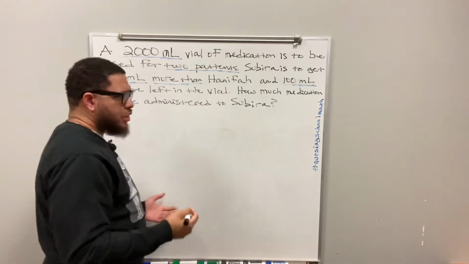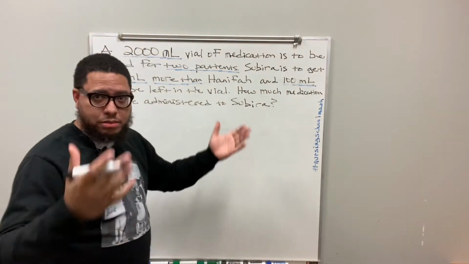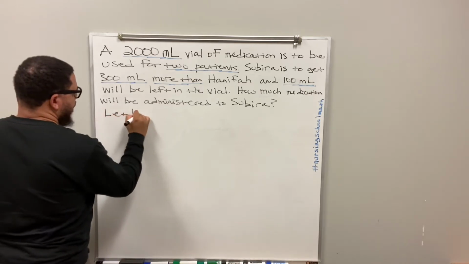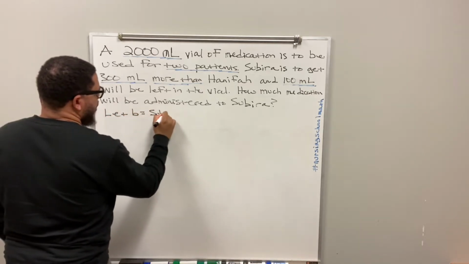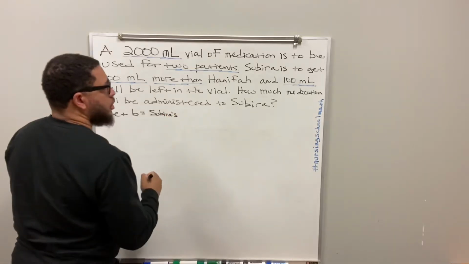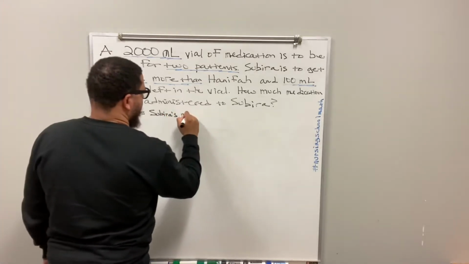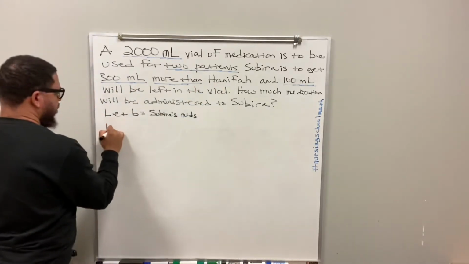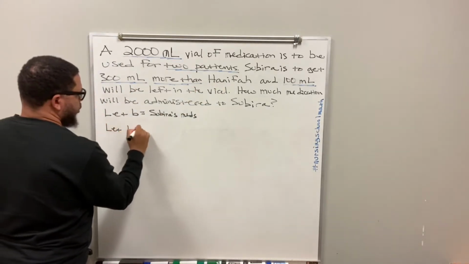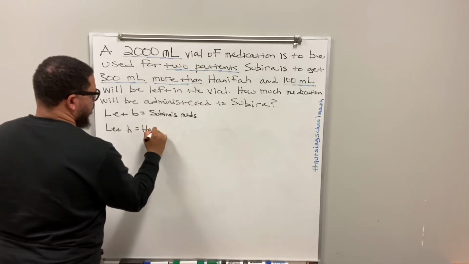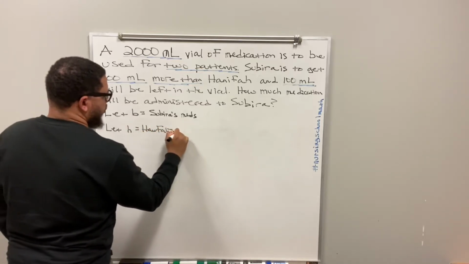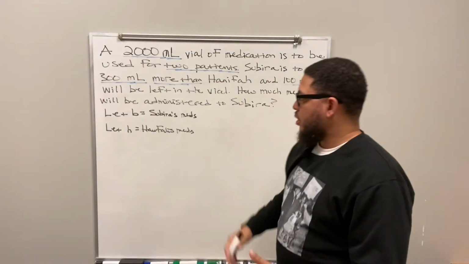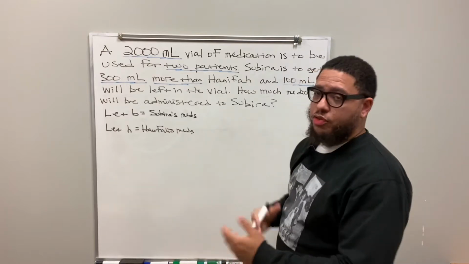Let B equal Sabira's meds. And then for Hanifa, let H equal Hanifa's meds. So you have to pick out your variables that you're going to use before you then create your equations.